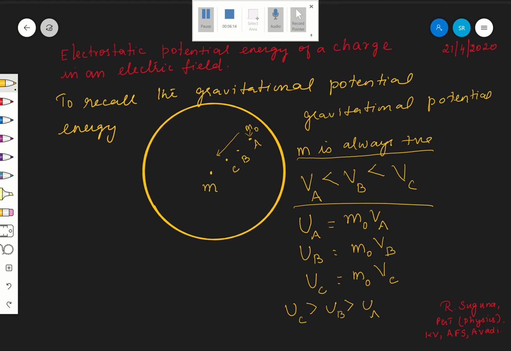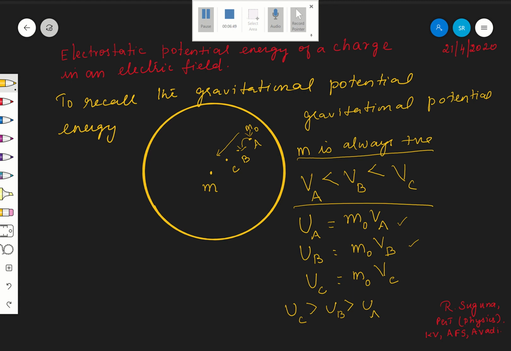Once again, if I want to move the test mass from A to B, its potential energy changes from UA to UB.